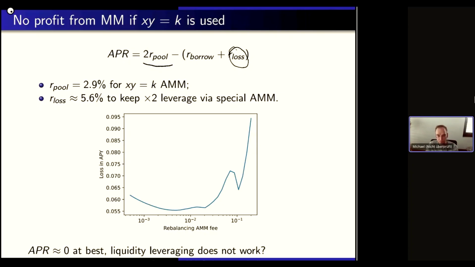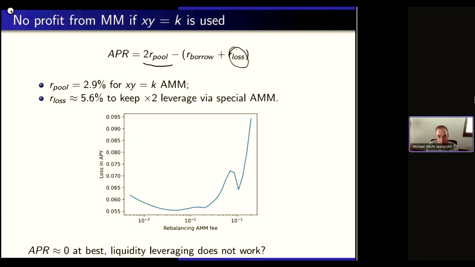So Uniswap 2 wouldn't earn money if we got rid of impermanent loss somehow. It doesn't have to be this way, but that's what simulations show, which is interesting but not very useful, because we actually want to make money on providing liquidity. We probably don't want to work for free.